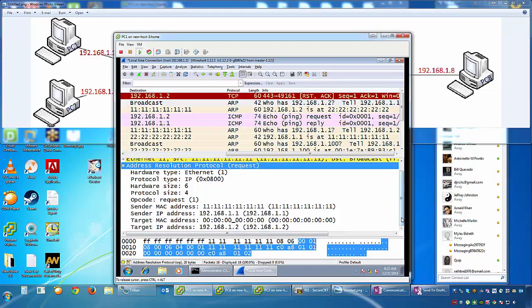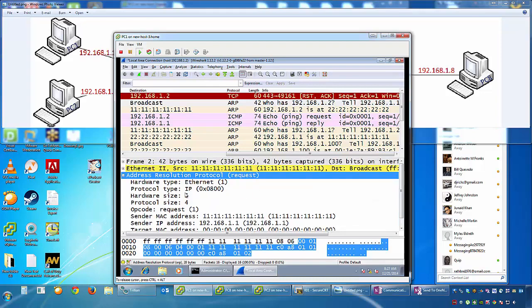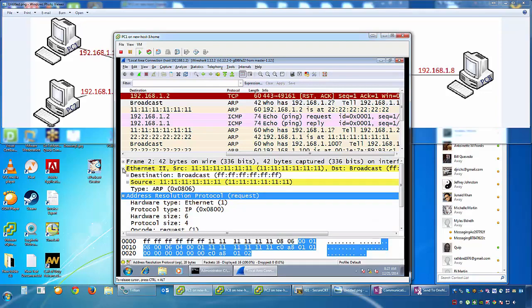Remember that encapsulation information that I told you about? Well, here we are. We're encapsulating this data with Ethernet information, which means that the real data here is the ARP request. This is the message that I'm trying to send out. This is the data that I'm trying to get to someone. I don't know who it is specifically, so I sent out a broadcast.